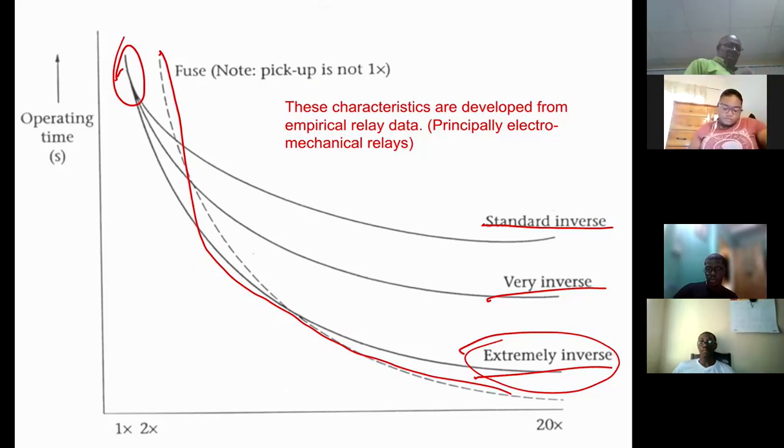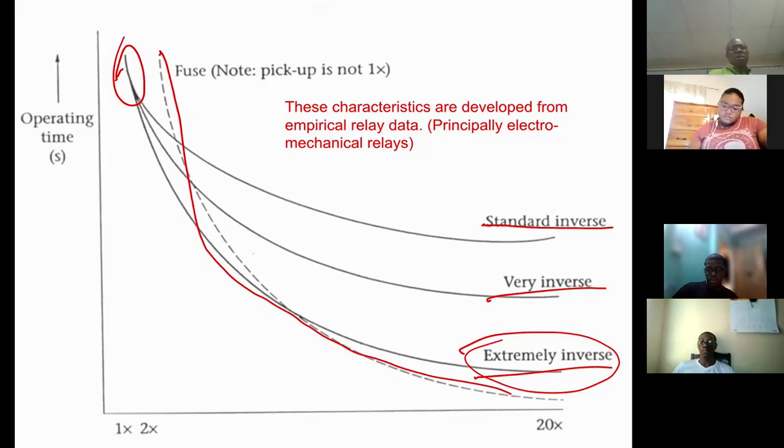So let's just recap what we said so far. One, the overcurrent relays: you have them as instantaneous, definite time, and inverse relays. The inverse relays we refer to as IDMT, that's inverse definite minimum time.